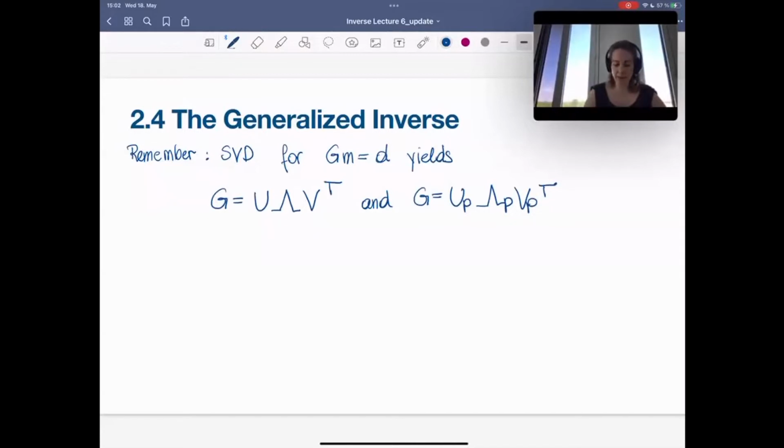And if you remember, this p here defines the number of non-zero eigenvalues. And this comes back to the first equation here, if all of the eigenvalues are non-zero. U is an n times n orthogonal matrix.